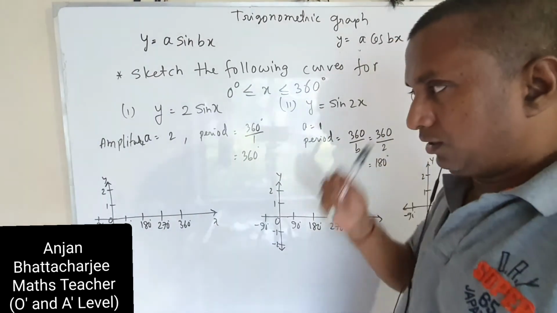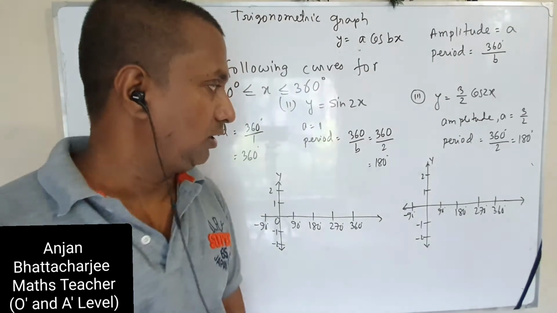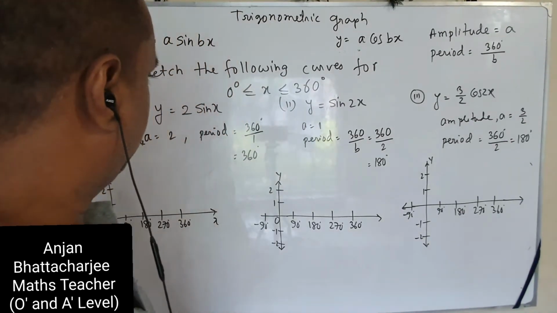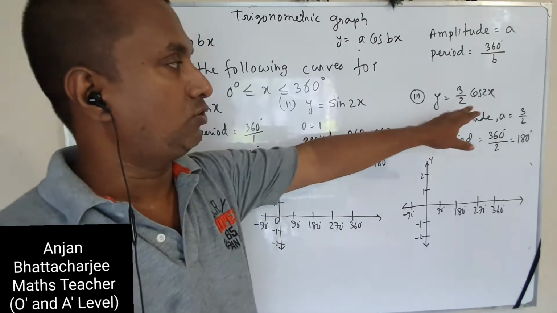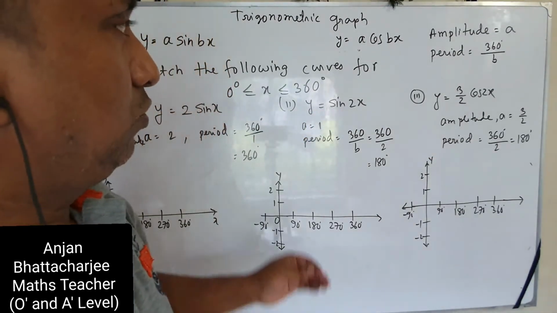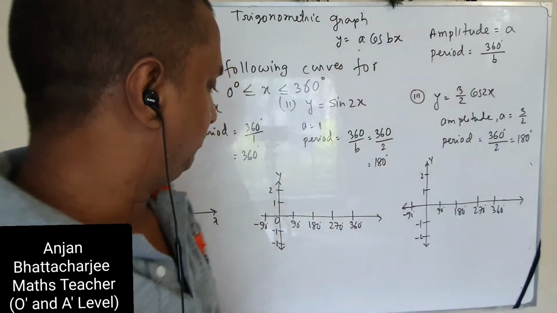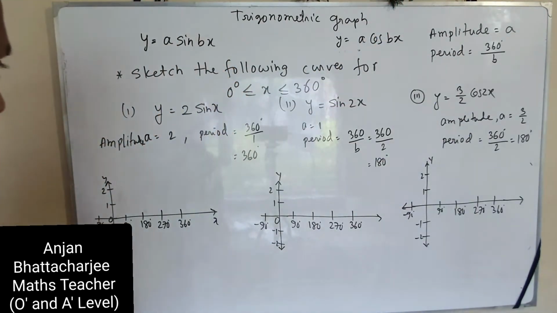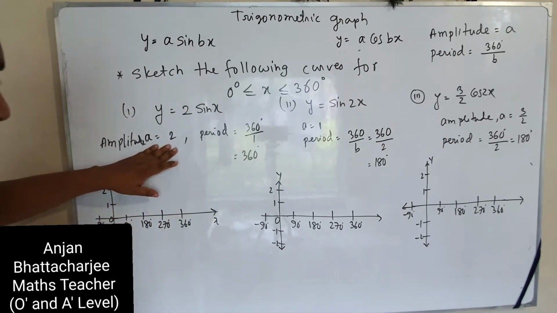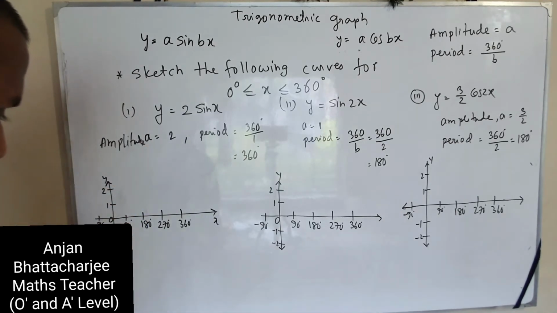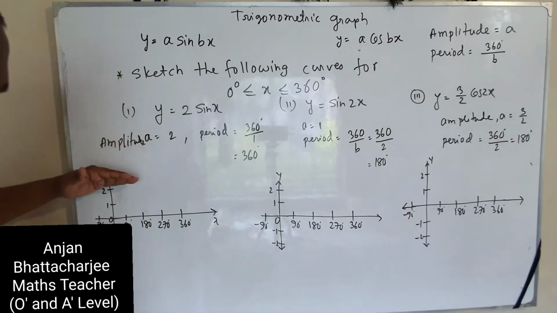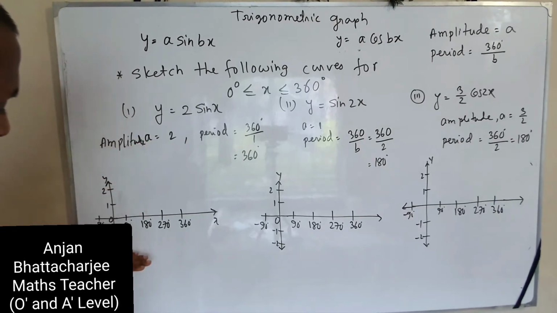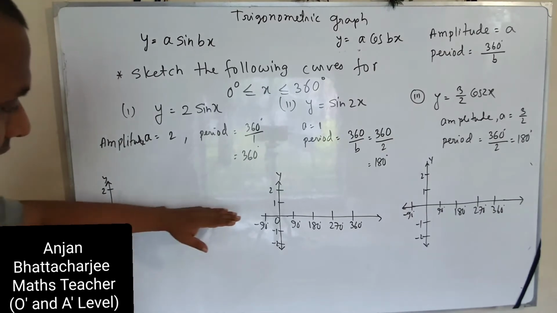We are sketching y equals 2 sin x, y equals sin 2x, y equals 3 by 2 cos 2x with the help of amplitude and period. Amplitude is 2, so the curve will go up to 2 and down to -2 from this line.